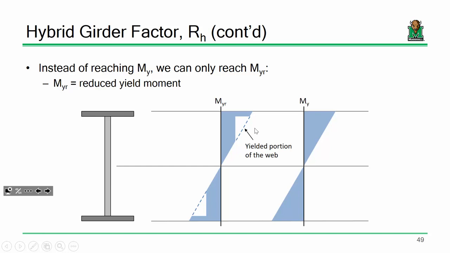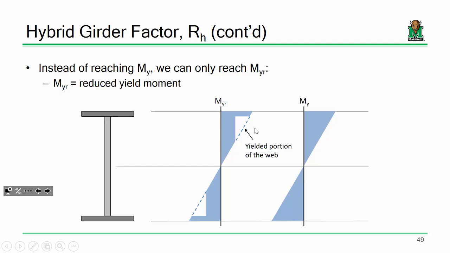Now, one of the issues with a hybrid girder is the way that it yields. Okay, so let's say I've got a beam here, and I've got the flanges and the webs shaded somewhat differently to indicate. Let's say I've got, I don't know, 70 KSI steel for the flanges and 50 KSI steel for the webs. Well, what happens is I can't really reach the full yield moment, just from a mechanics perspective.